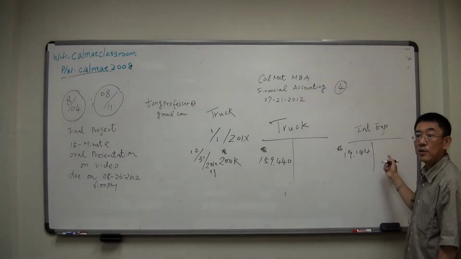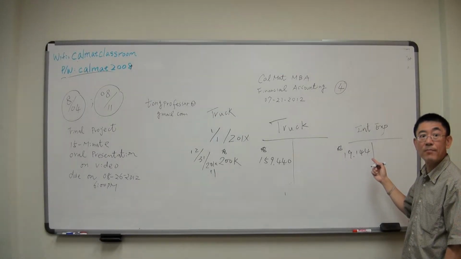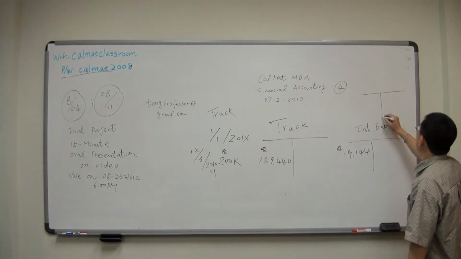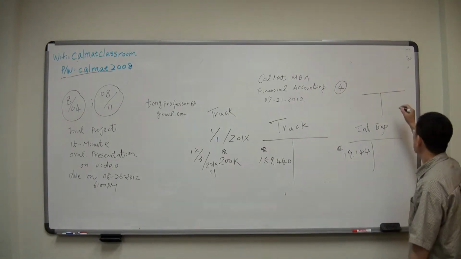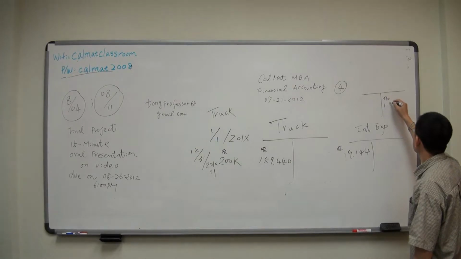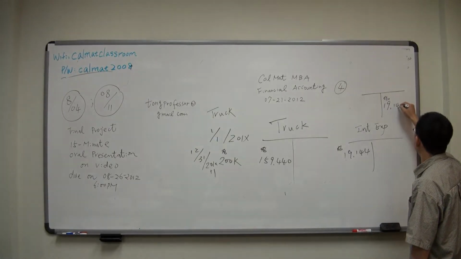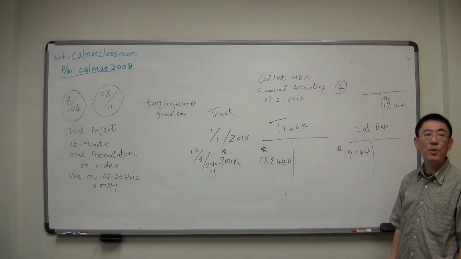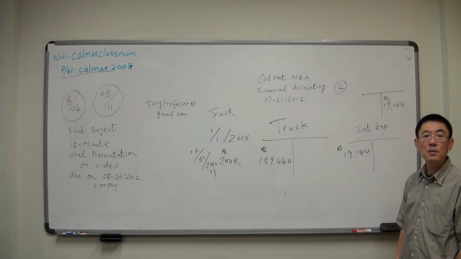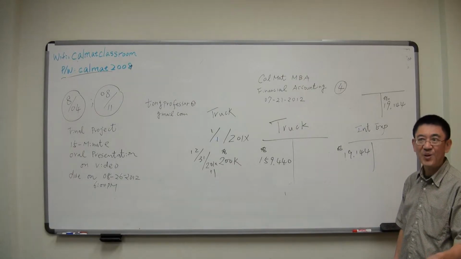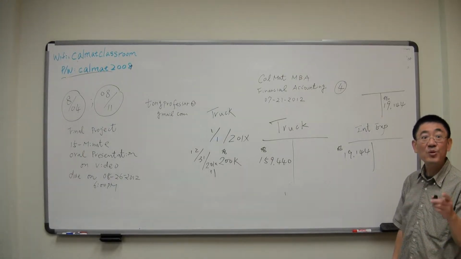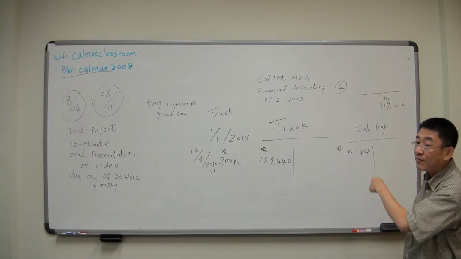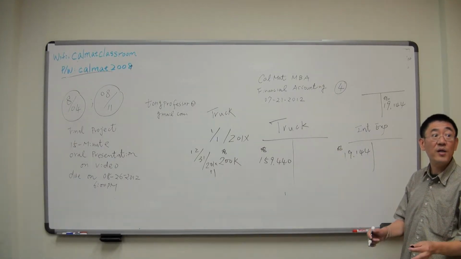How about the other account to match this? What's that? It's this number, but notes payable? We don't use notes payable. We use interest payable. We don't use notes payable because notes payable is only 159,440; that number is fixed already.